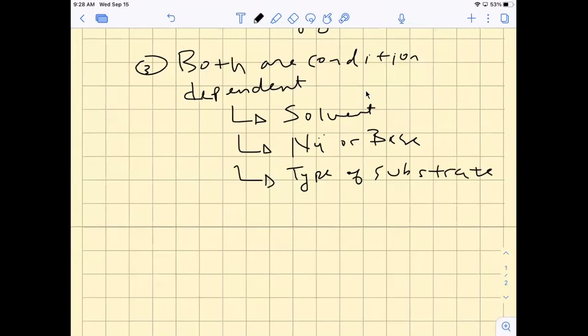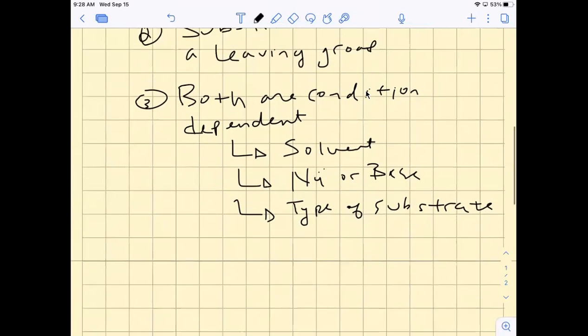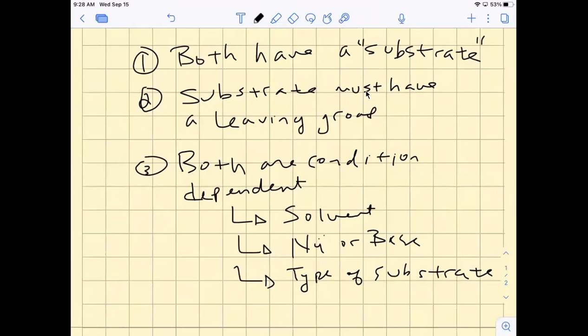Whether it's a tertiary or a secondary or primary substrate. So both substitution and elimination are condition dependent. They have a leaving group involved in the substrate, and they both have to start with some type of substrate.